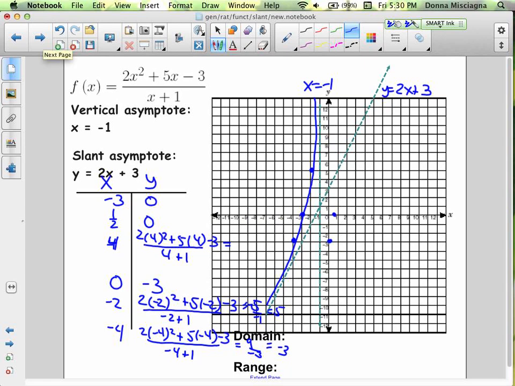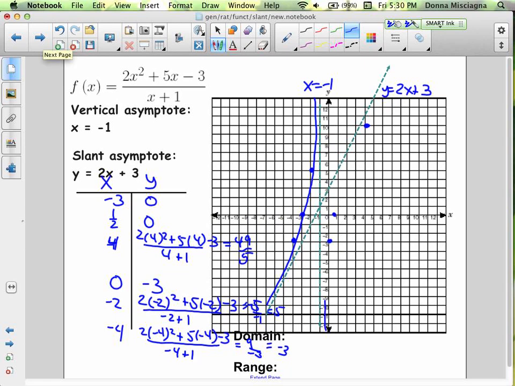Not going to be as pretty. And then 4 plus 1 is 5. Well, it's kind of not that bad because if it was 50 instead of 49, that would be 10. So that really gives us a good shape, and we can see how fast this is growing. Right? And it really is hugging that asymptote. So I might not have drawn it as close to the asymptote if I didn't use that point.